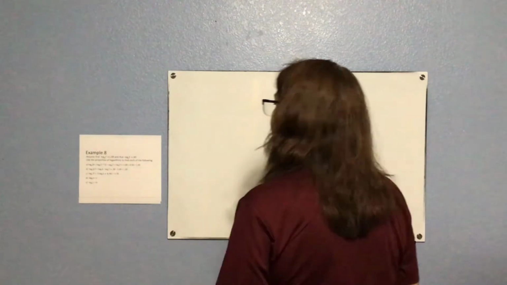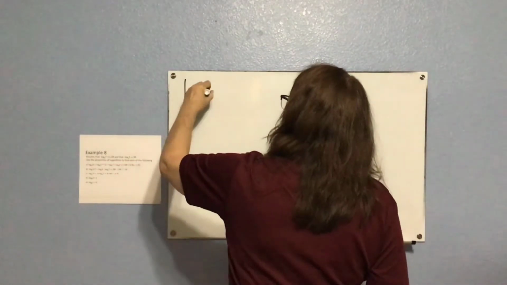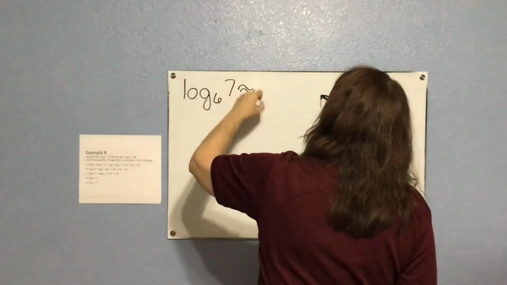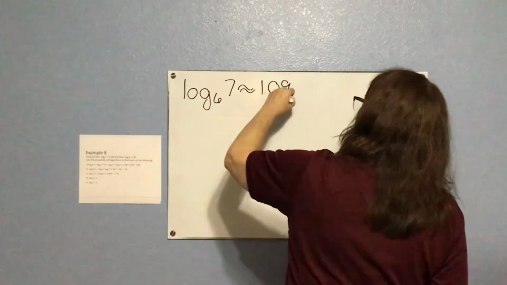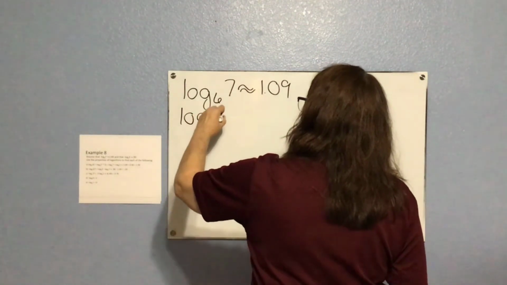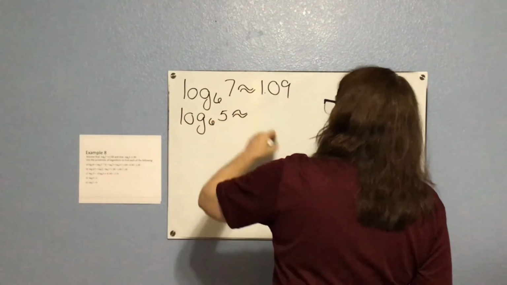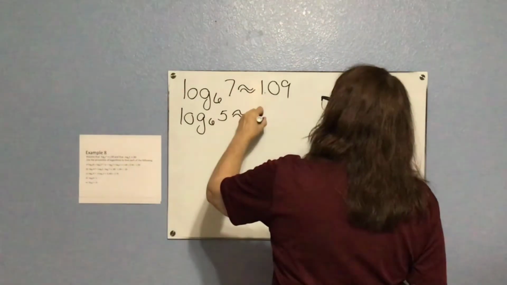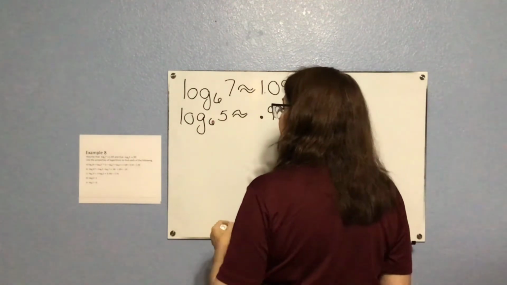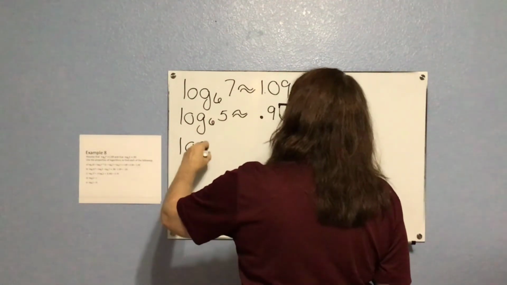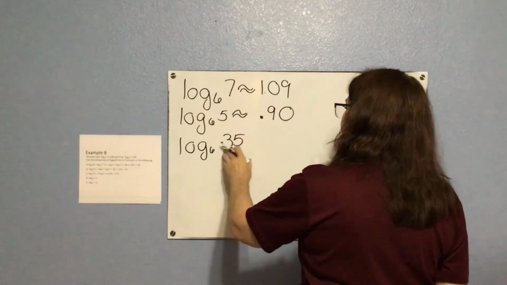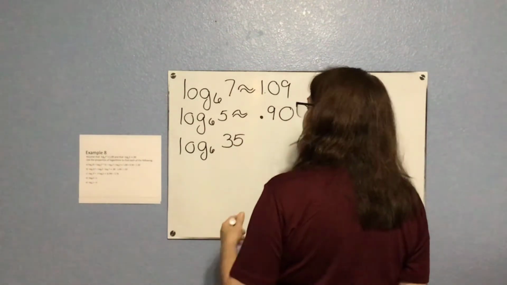For instance, if I know that the log base 6 of 7 is approximately equal to 1.09 and the log base 6 of 5 is approximately equal to 0.90, I can find the log base 6 of 35 by breaking that 35 down into the two things I have.